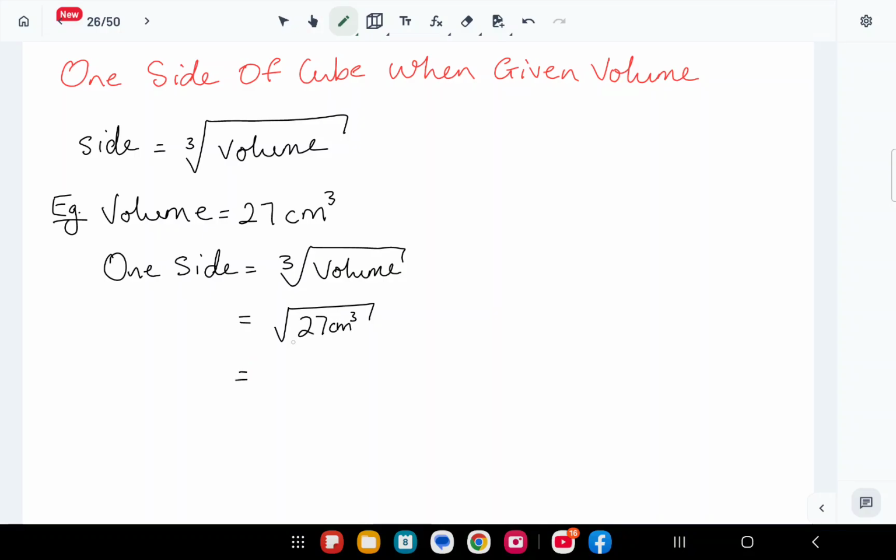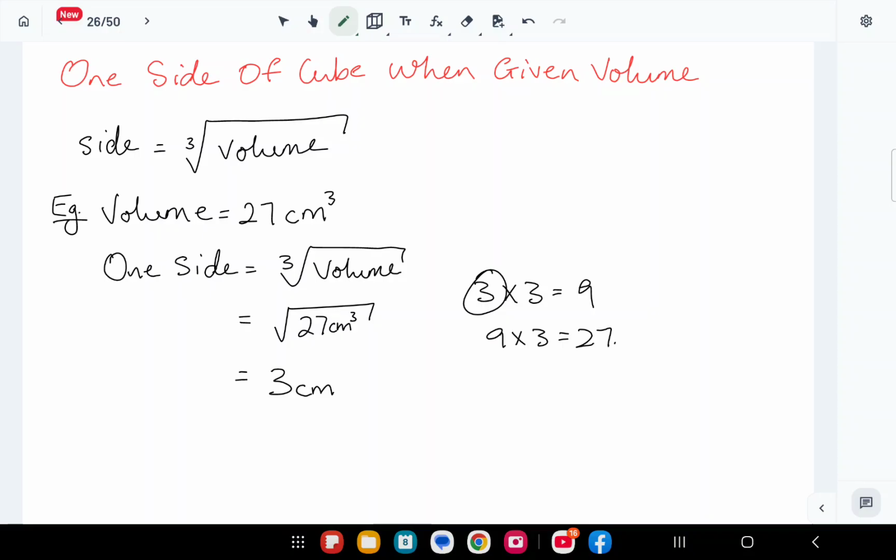And the number that multiplies by itself 3 times to give 27 would be 3. So we know it's 3 centimeters, because 3 multiplied by 3 is equal to 9, 9 multiplied by 3 is equal to 27. So we know it has to be 3. And that is how to find the length of one side of the cube when given its volume.